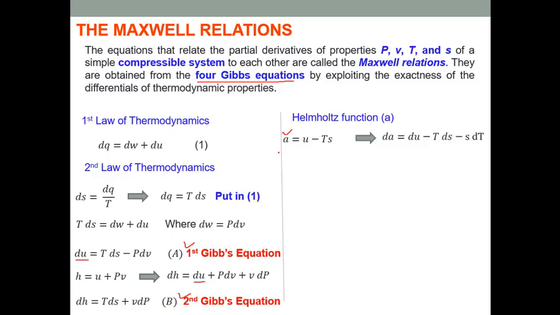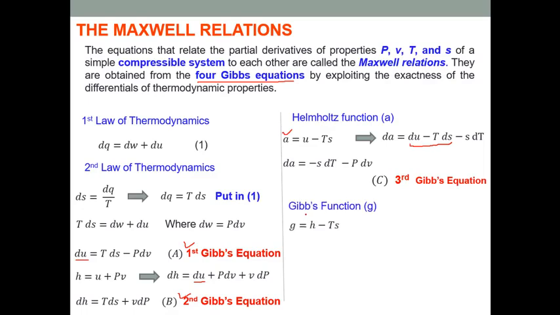If we take the derivative of the Helmholtz function, we get dA is equal to dU minus TdS minus SdT. If we simplify and put in the value of dU, then we'll get dA is equal to minus SdT minus PdV. So that's called the third Gibbs equation, right?